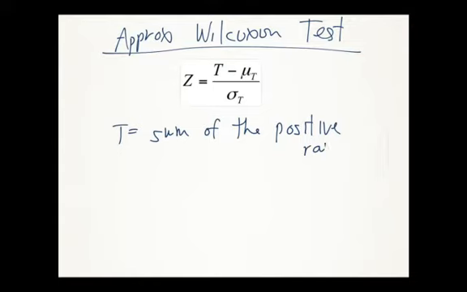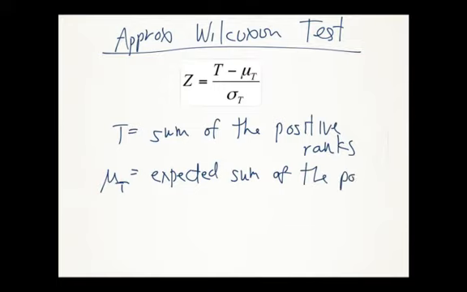Remember, on the previous slide we had given ranks to all the numbers there, but some of them were positive and some of them were negative. So this t here, this random variable called t, is the sum of the positive ranks. And then mu sub t is the expected sum of the positive ranks under the null hypothesis.